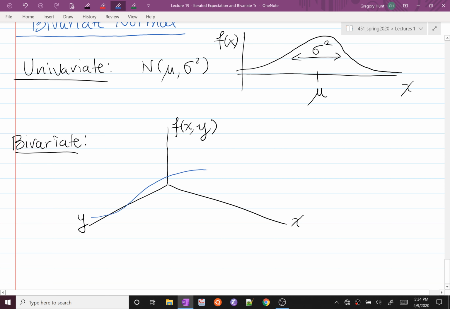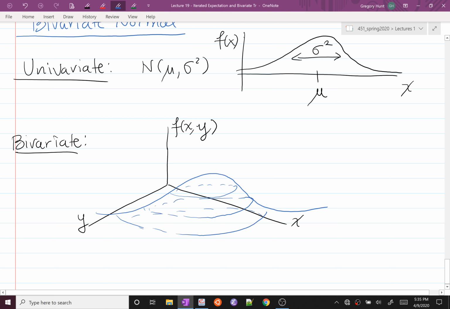So you can imagine it looks something like this. It's not a great drawing. Let's try that one again. Something like this. And it's 3-dimensional. So if you take slices of this thing, it's a bell.